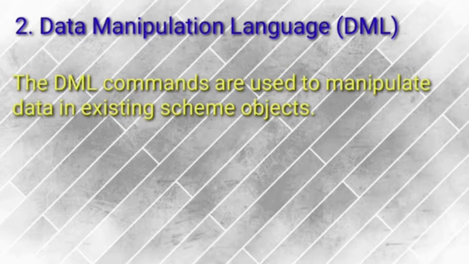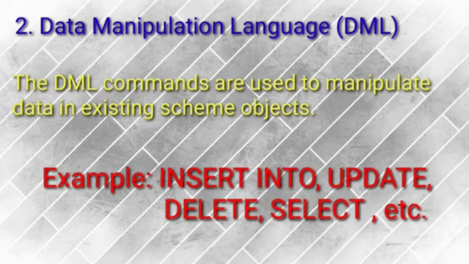Alright, so data manipulation language commands can be of different types. The first one is insert into, then there is the update command, delete command and select command. Insert into is basically used to insert the records inside the table once the table is created by using the data definition language commands. So you understand that you have created a table with the help of the create table command, which is data definition language.